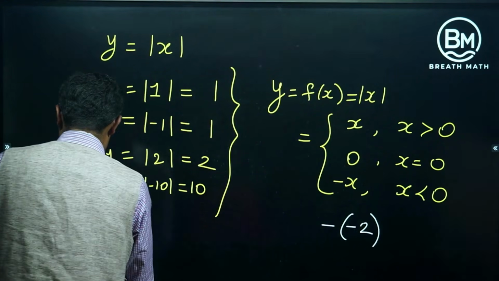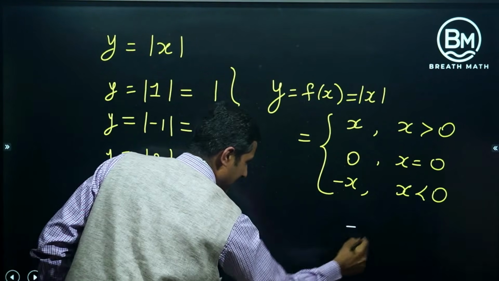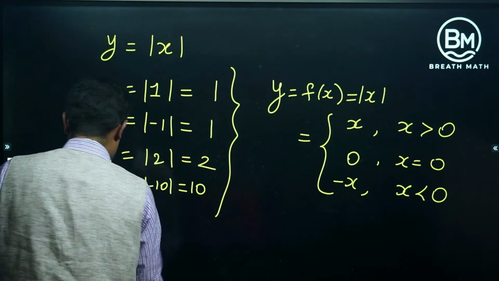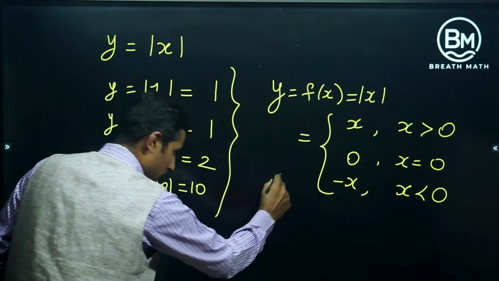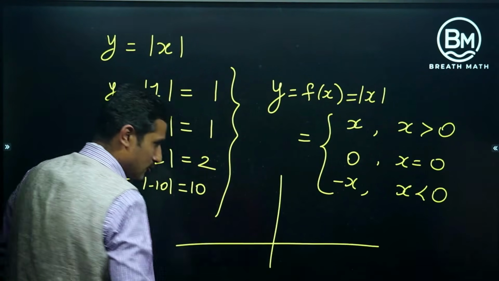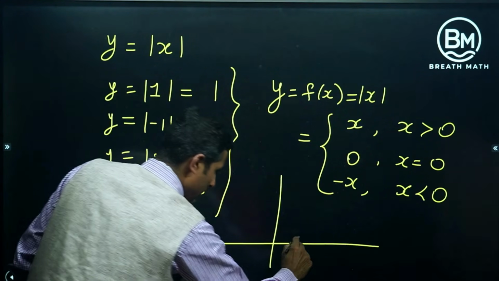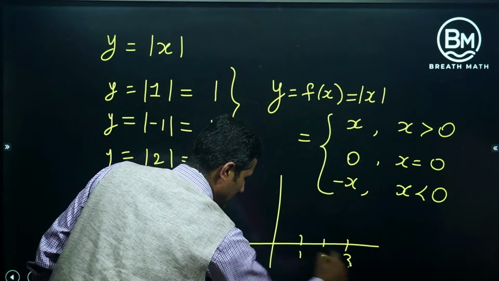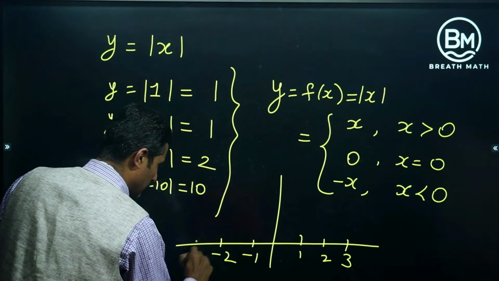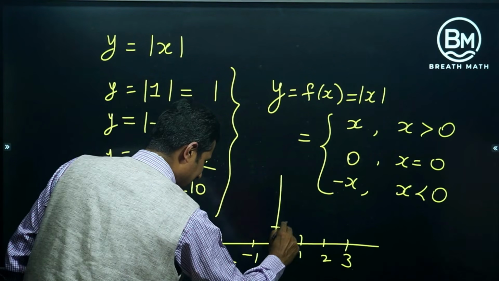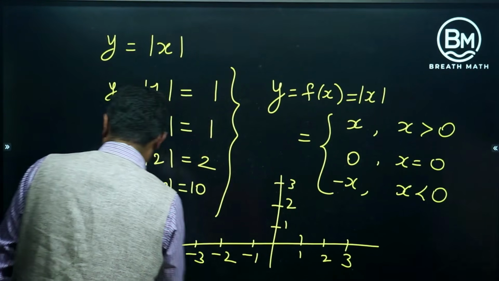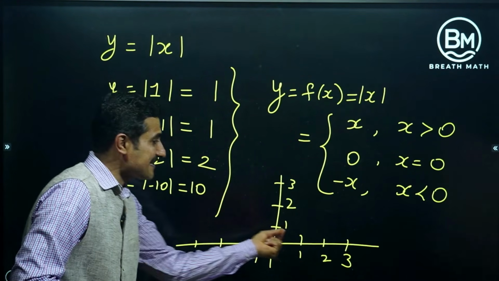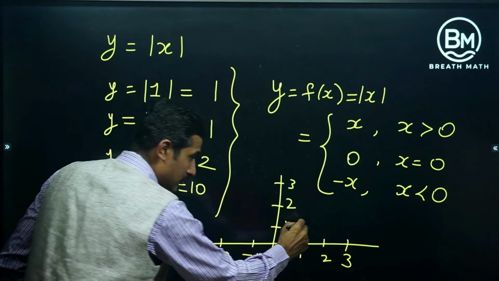Now, how do you draw the graph of this absolute value function? You draw the x-axis, you draw the y-axis, 1, 2, 3, minus 1, minus 2, minus 3. So when x is equal to 1, y is also 1.